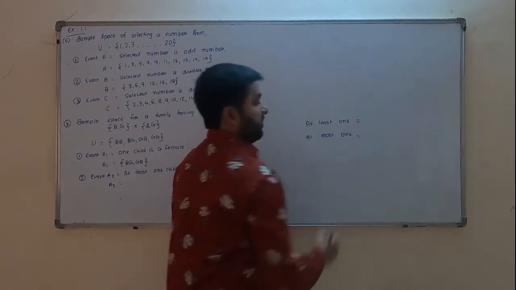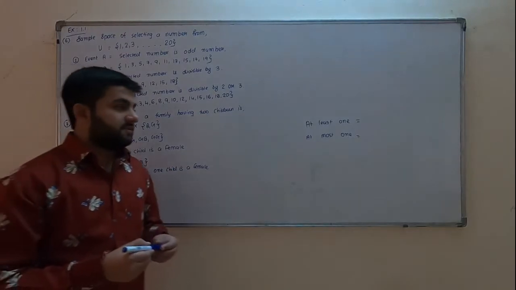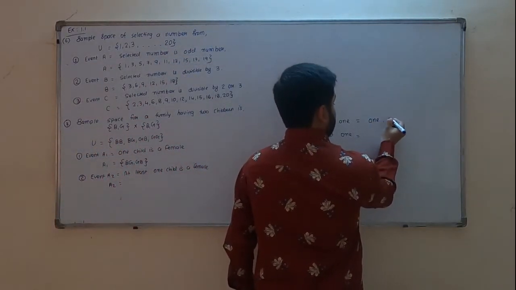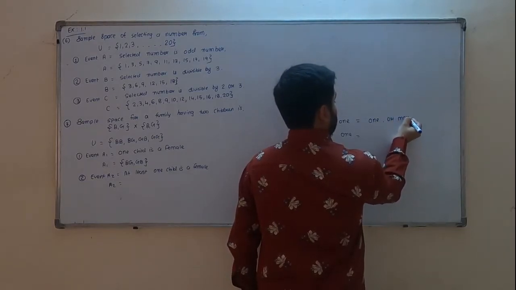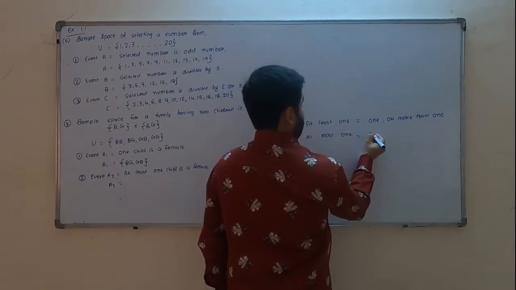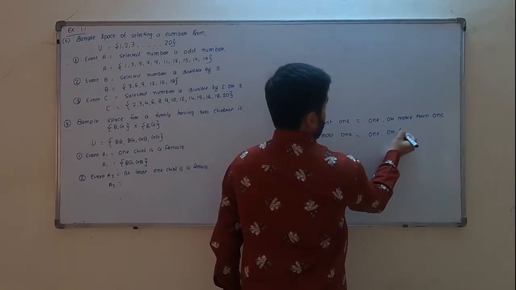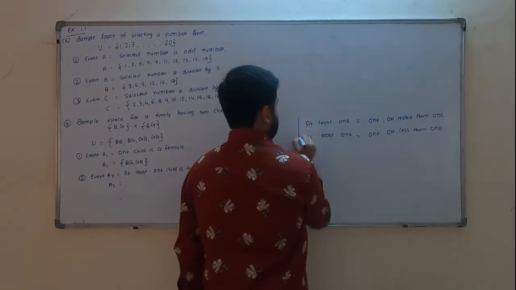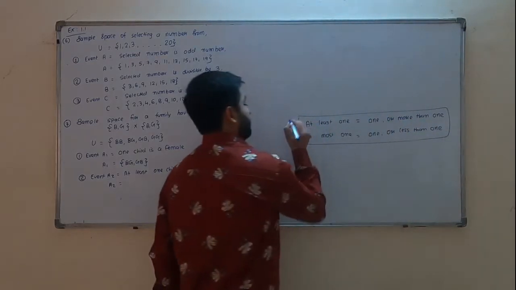In probability, you will always come across these two words. What do you mean by at least one? One or more than one. At most one means one or less than one. So this is important to note in probability.